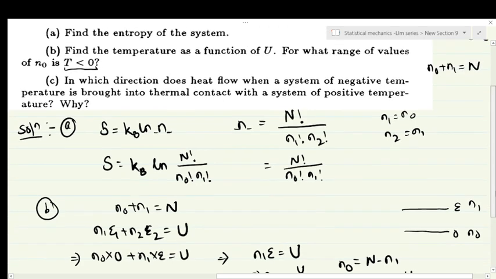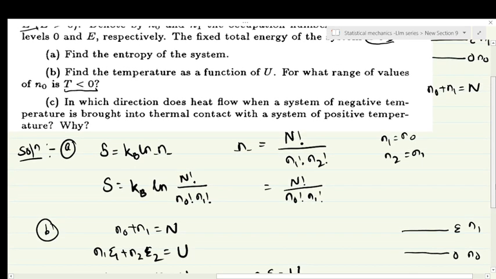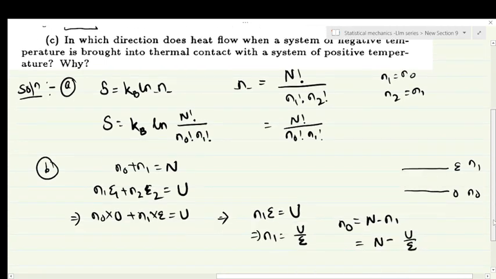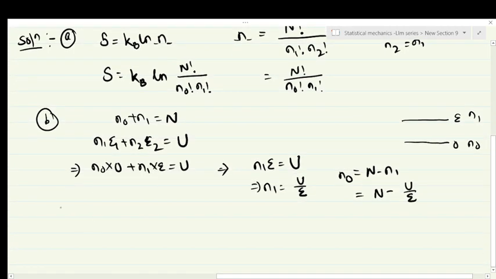According to the question, find the temperature of the system as a function of U. As you know, if the number of particles in the upper state is N1 and in the lower state is N0, by the Maxwell-Boltzmann relation for classical particles, N1 will be N0 e to the minus beta E, where beta is equal to 1 by kT.